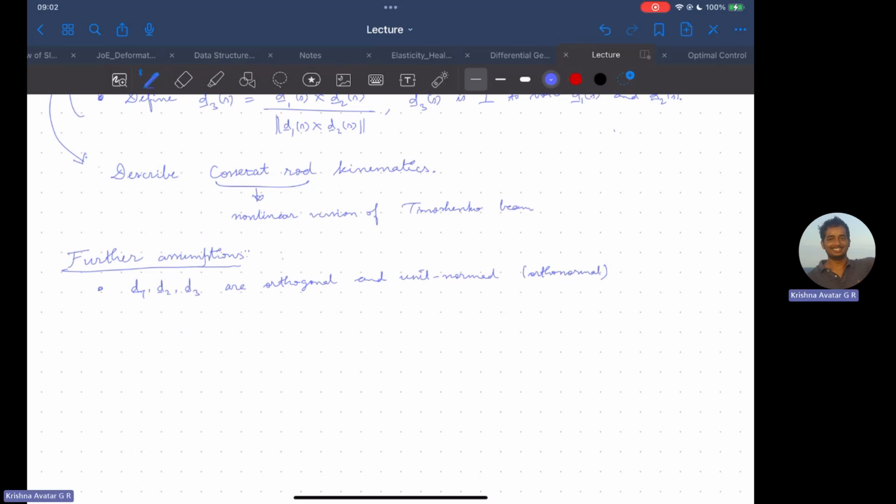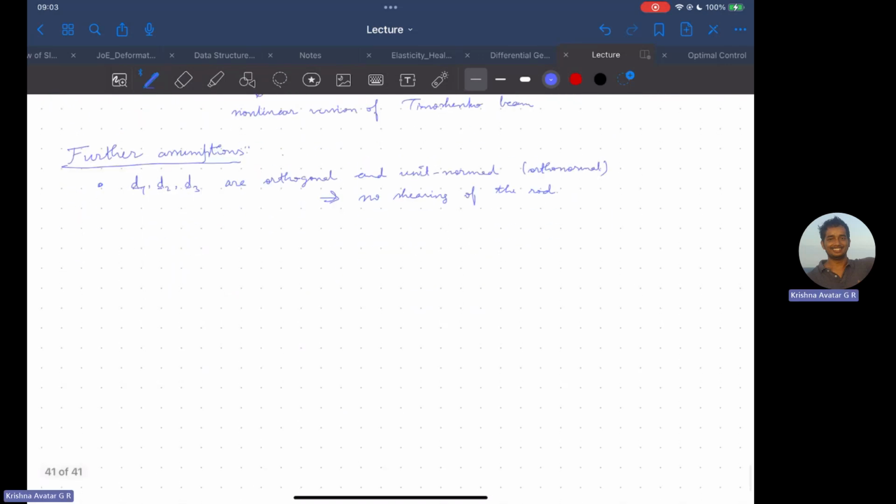Now in this scenario, there is no shearing of the cross section, or no shearing of the rod. So we have drastically simplified the model by removing shearing of the rod itself. Now we have E1, E2, and E3, and this is what we call the Kirchhoff rod.